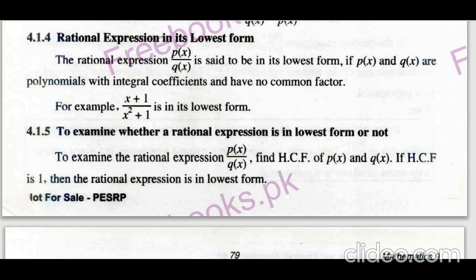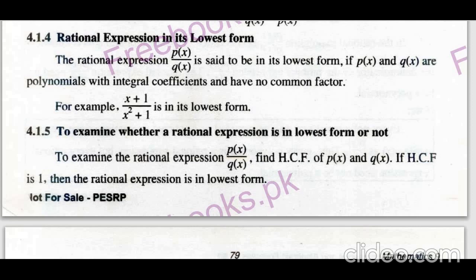The result which we get after simplification, there is no compulsion that it must be a polynomial or not. Okay, today we are going to discuss how to find its lowest form, how to find the simplified form for a rational expression.